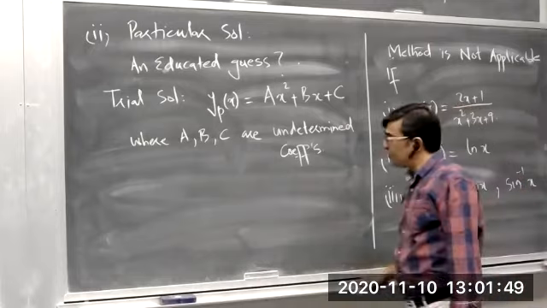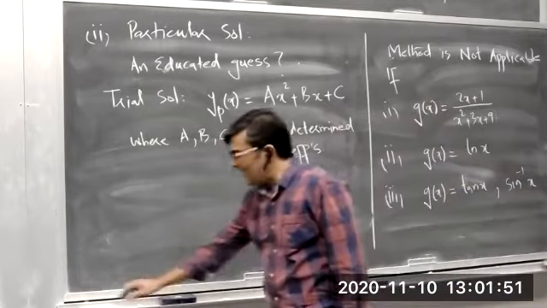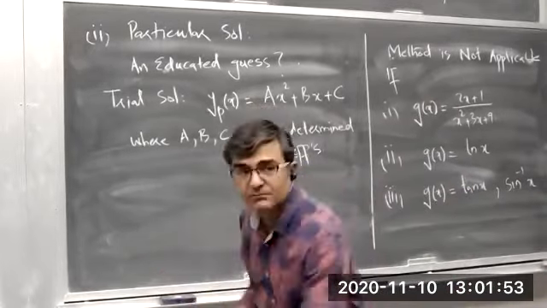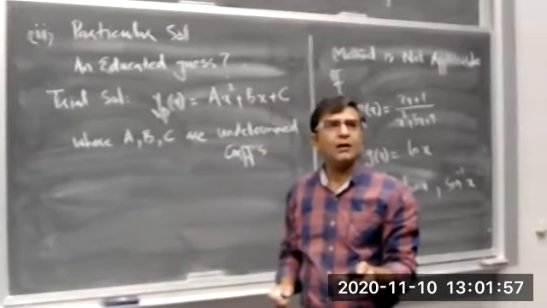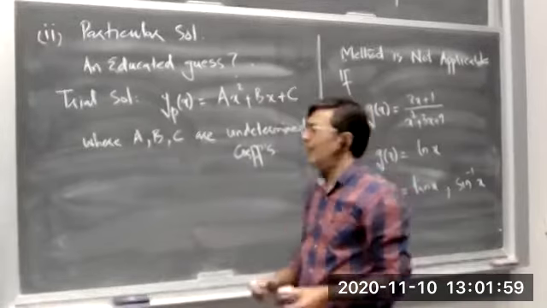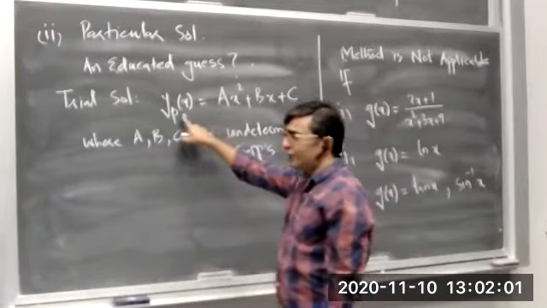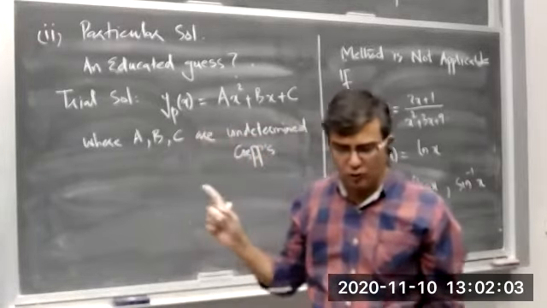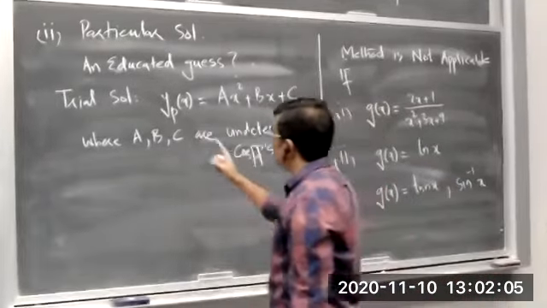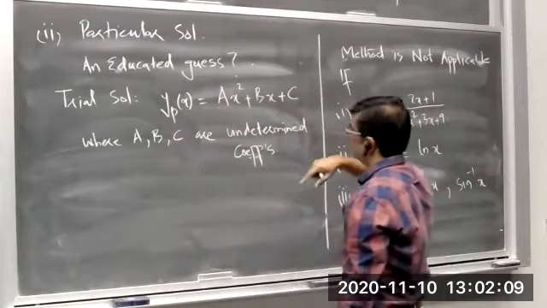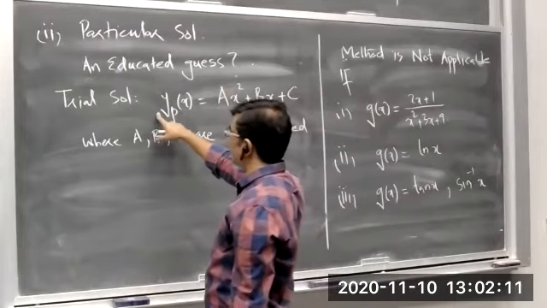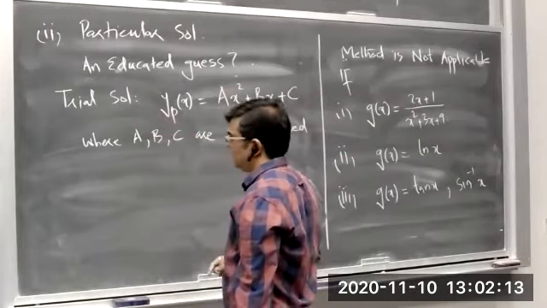How to compute these coefficients? As we are assuming that this is the solution of the given non-homogeneous differential equation, it must satisfy the given differential equation. So we are going to insert this into the given differential equation.